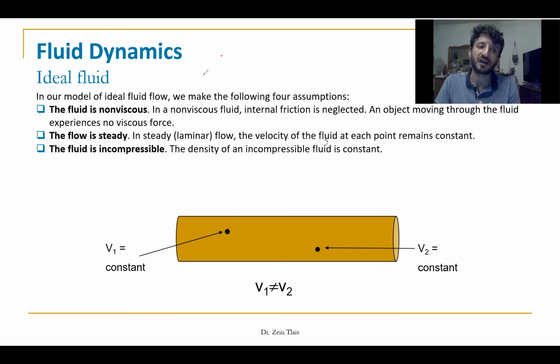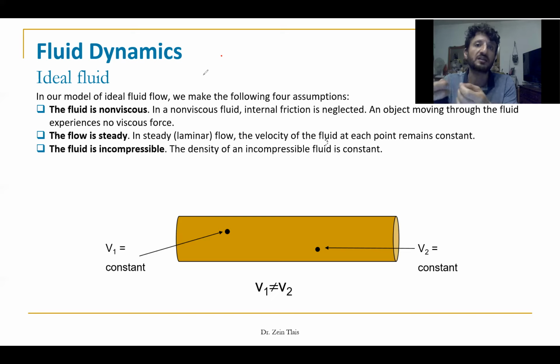But in the case of ideal fluid, we have to take the following 3 assumptions. First of all, the fluid is non-viscous. It means we have to neglect the internal friction inside the fluid, and an object can move inside the fluid without any resistance.